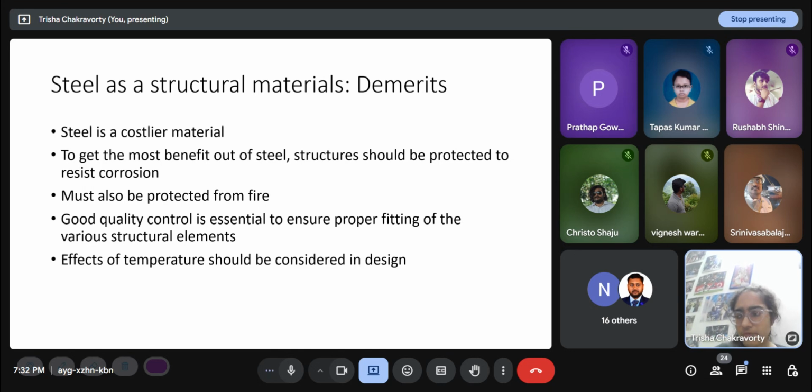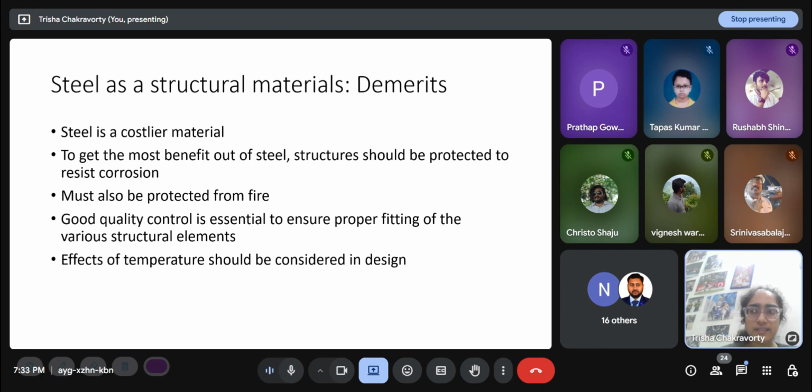So when does the effect of temperature become important? When the coefficient of thermal expansion, alpha, is high. You would have learned that alpha times delta T is the strain that develops in a structure when there is a temperature variation of delta T, and alpha for steel is relatively quite high. So in special cases we have to consider it.